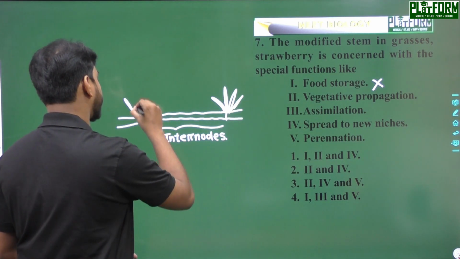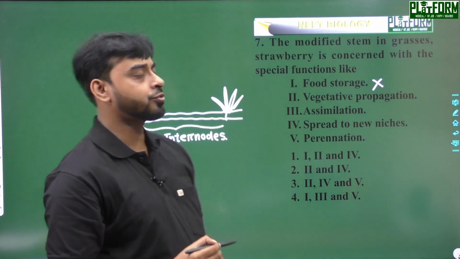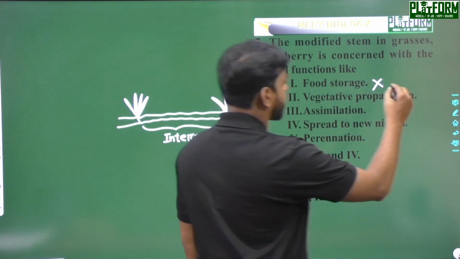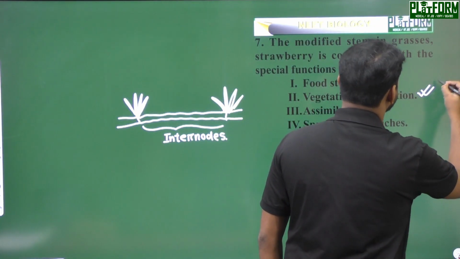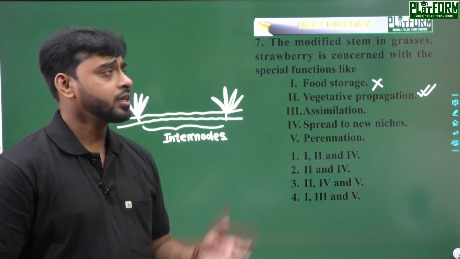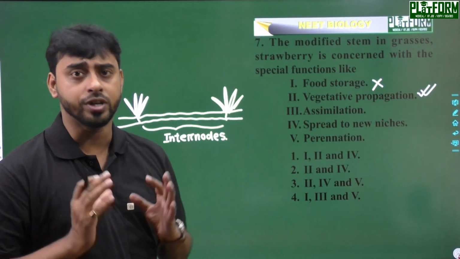So this is a runner. So it is not at all involved in the food storage. So this is a wrong statement. Definitely the runner is involved in the vegetative propagation. So with the help of runner, this group of plant can propagate its colony.